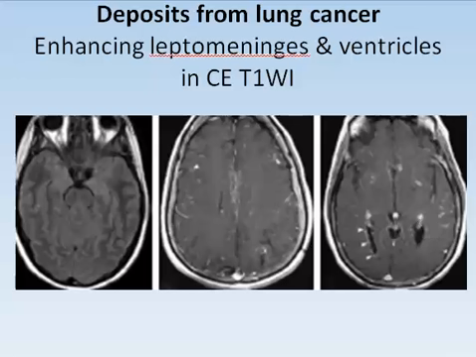So we have enhanced leptomeninges and deposits at the ventricles from lung. We know now that lung and breast can do both intra-axial or extra-axial: leptomeninges, ventricles, seeding, as well as intraparenchymal deposits. Enhancement is the rule, maybe ring, maybe homogeneous.